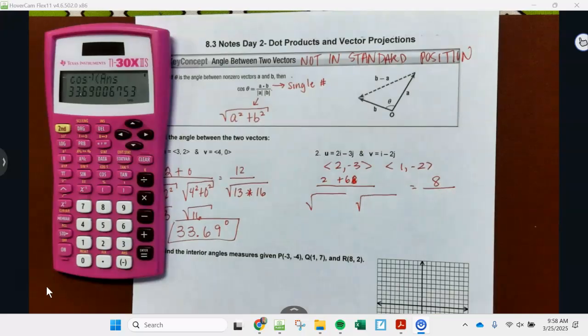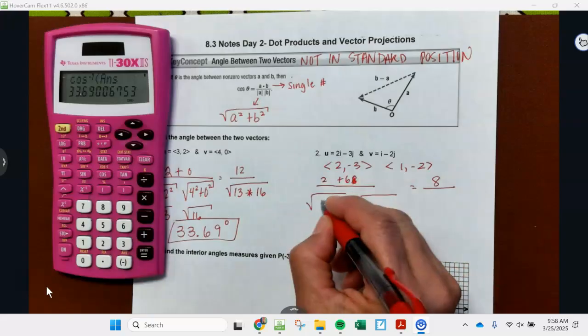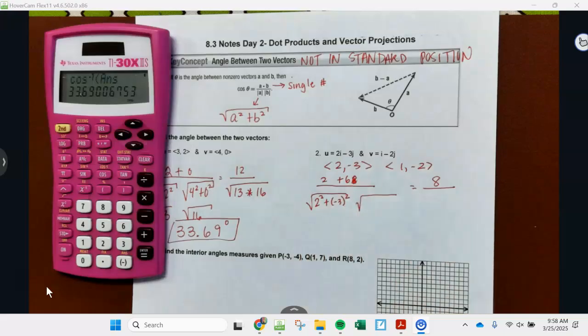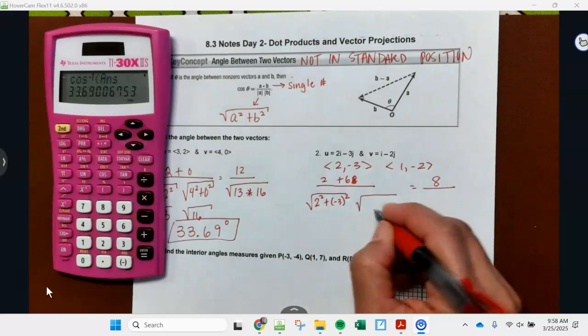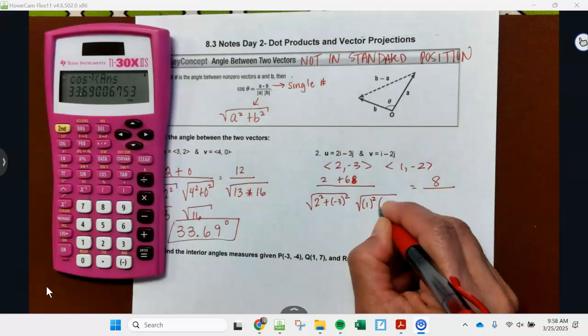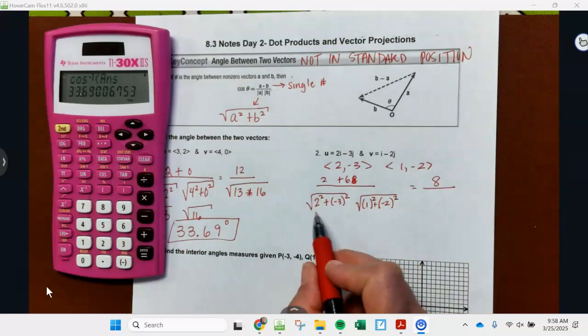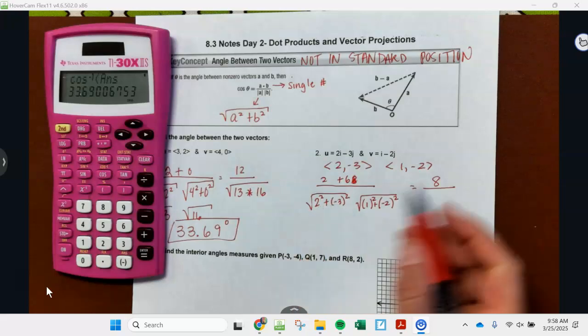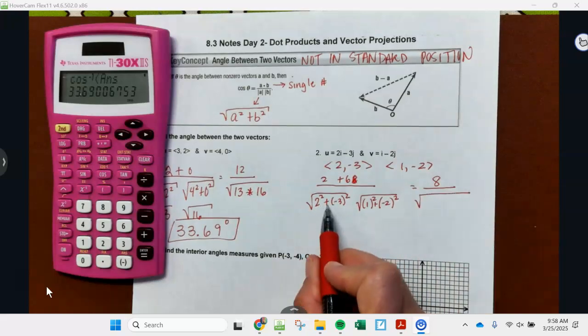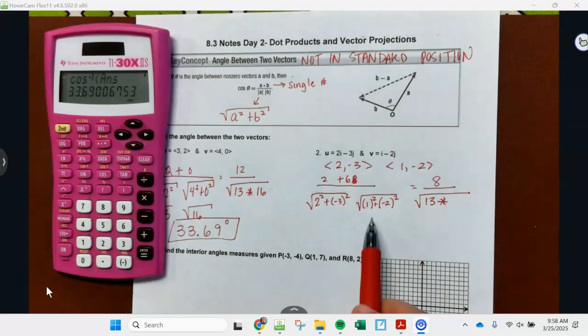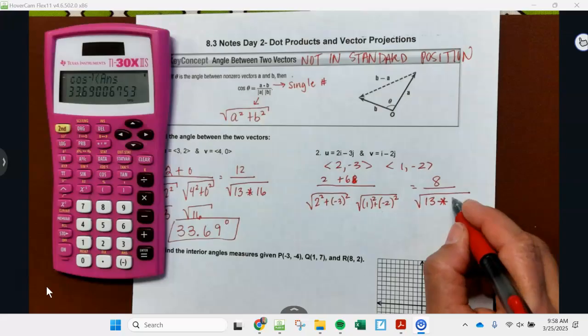The numerator is 8. The denominator, the first magnitude, is going to be 2 squared plus negative 3 squared. The second magnitude underneath this root is going to be 1 squared plus a negative 2 squared. So again, this is 4 plus 9, so it's going to be the square root of 13 for that one, times the square root of 1 plus 4, which is 5.